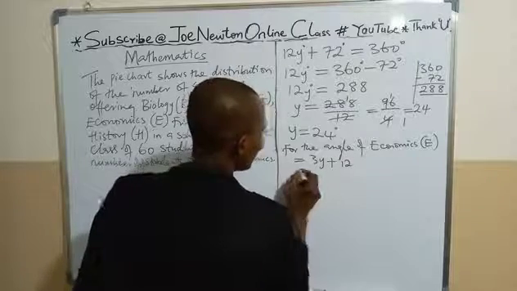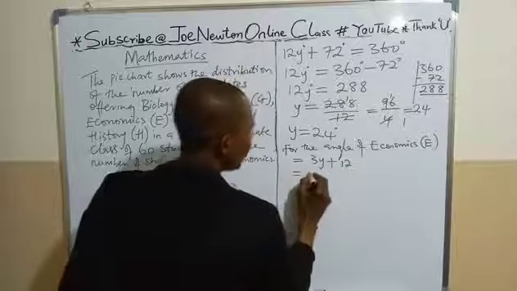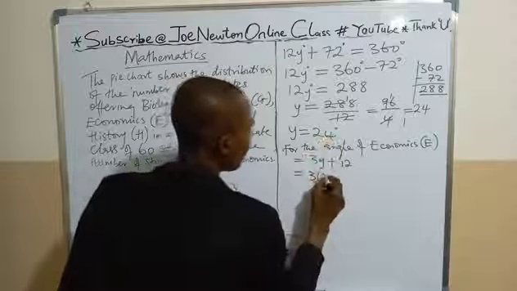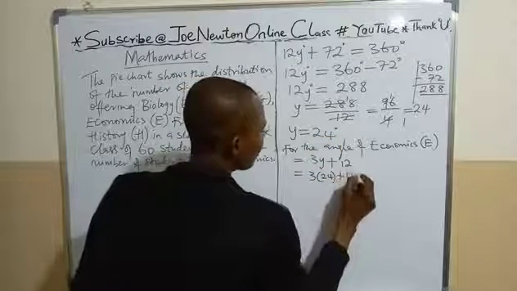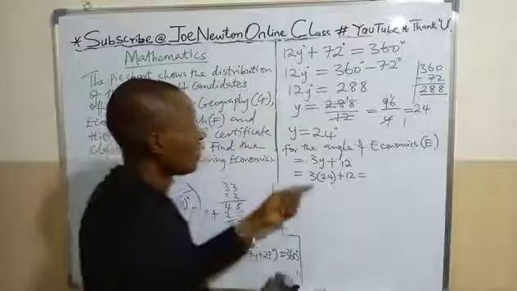Then when you substitute now, it becomes 3 brackets, our y is 24, plus 12, which will now give us 3 times 24.